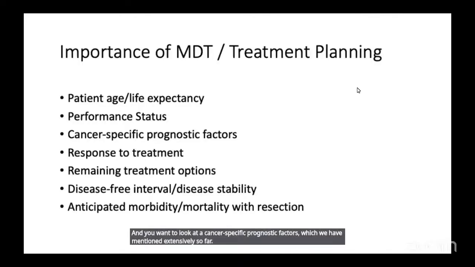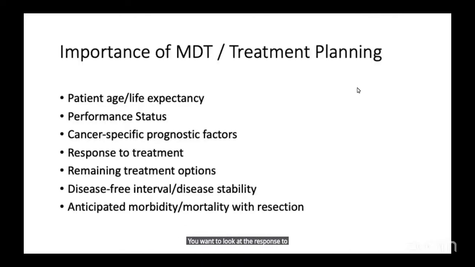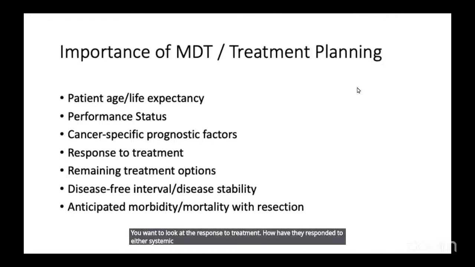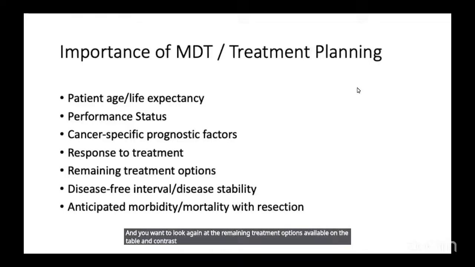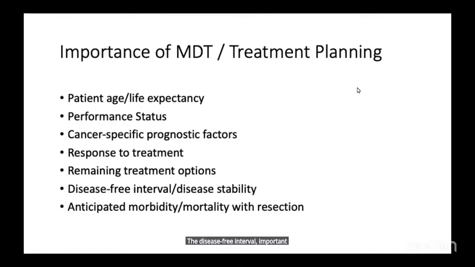You want to look at the response to treatment: how have they responded to the systemic treatment you have given so far? And you want to look at the remaining treatment options on the table and contrast the pros and cons, the morbidity and mortality, against your surgical option. The disease-free interval is important in terms of the disease stability and the aggressive nature of the tumor.